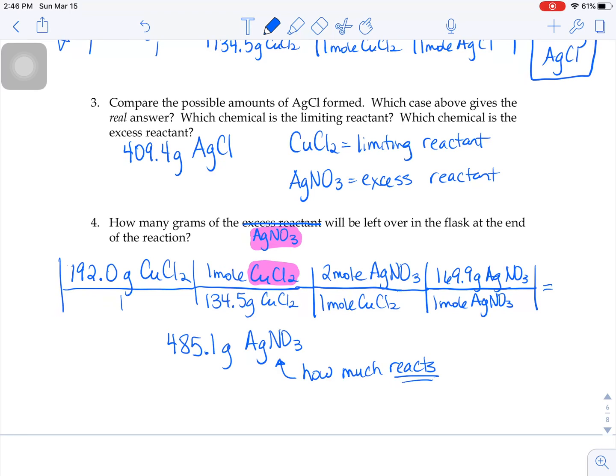Remember during our demo with the balloons, we had 3 different scenarios. One where the magnesium was the limiting reactant, one where the acid was the limiting reactant, and one where there isn't a limiting reactant or an excess reactant, where they both ran out at the same time. This 485.1 grams that we just found is the perfect ratio amount.